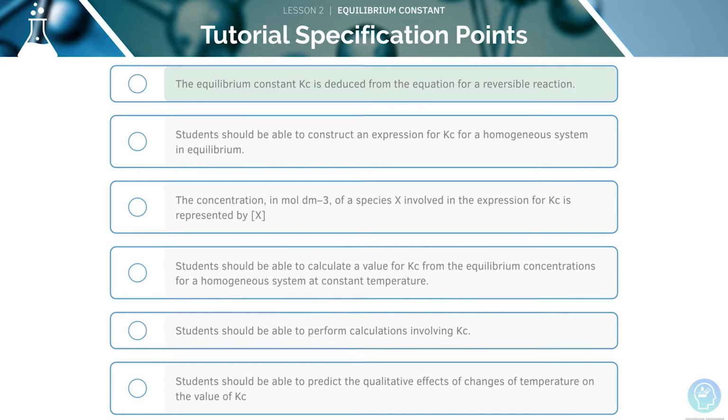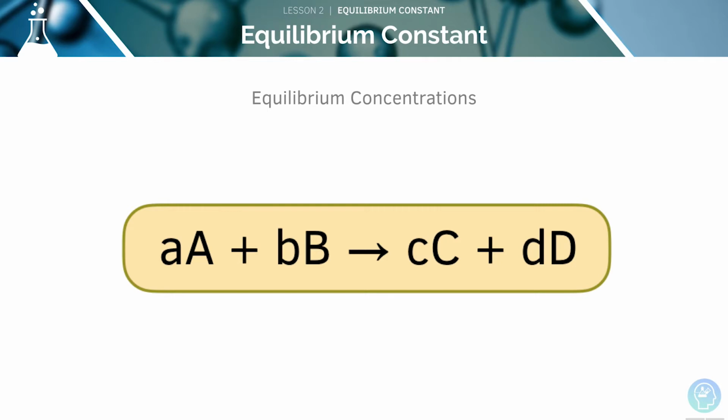We'll start off by looking at the equilibrium constant. The reversible reaction, shown here, would reach equilibrium after a while, after which the concentrations of the reactants, shown here as A and B, would equal the concentrations of the products, shown here as C and D. These concentrations are called the equilibrium concentrations.